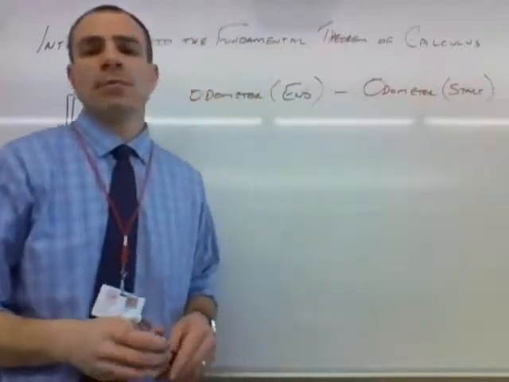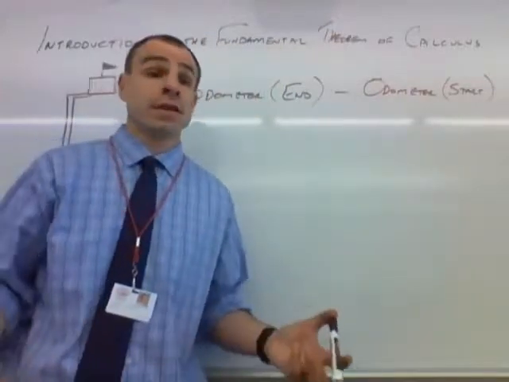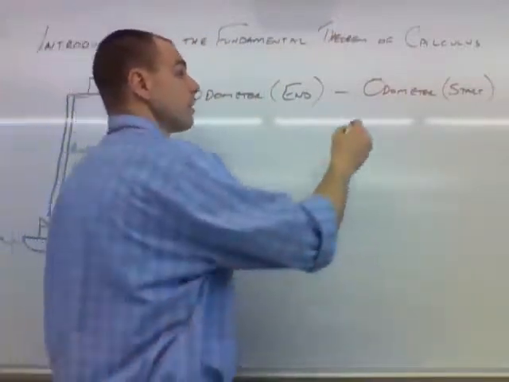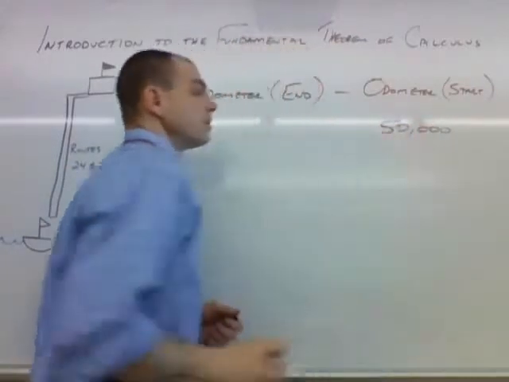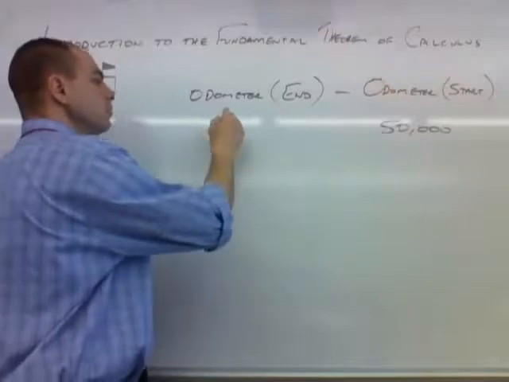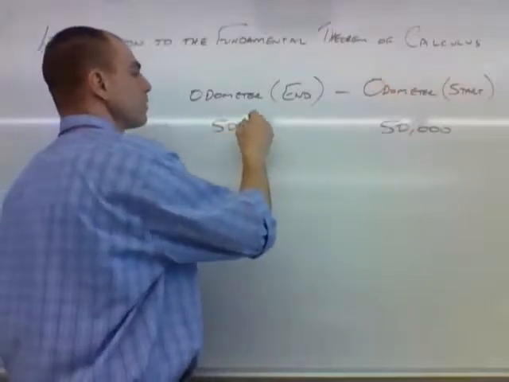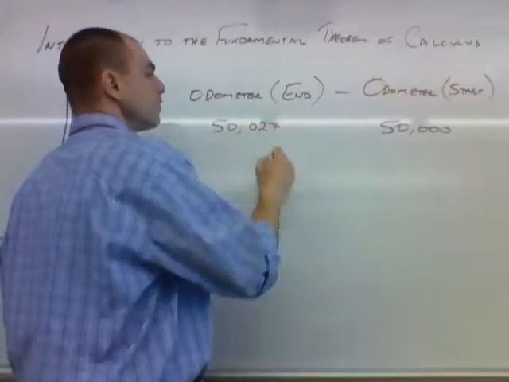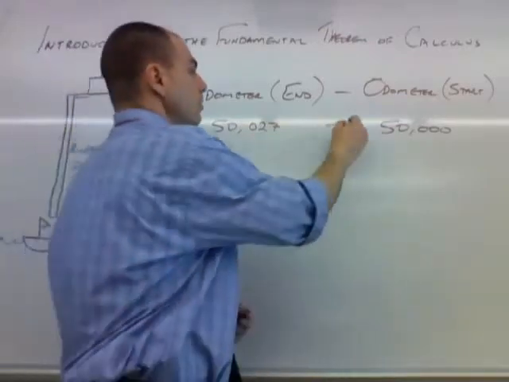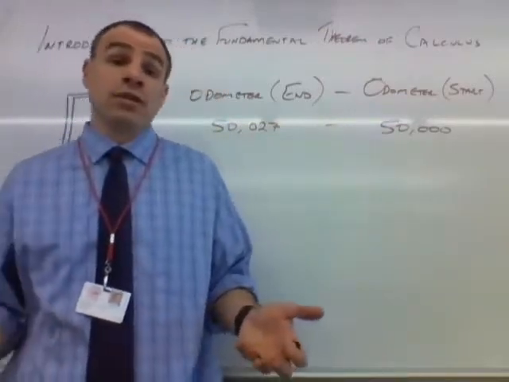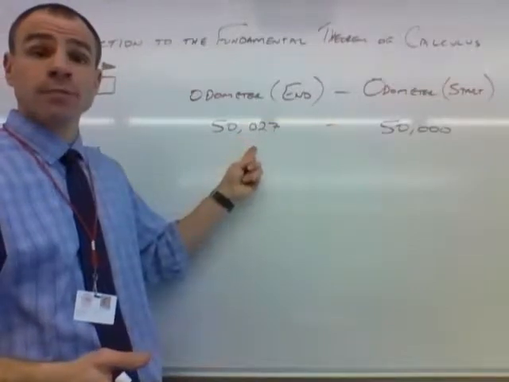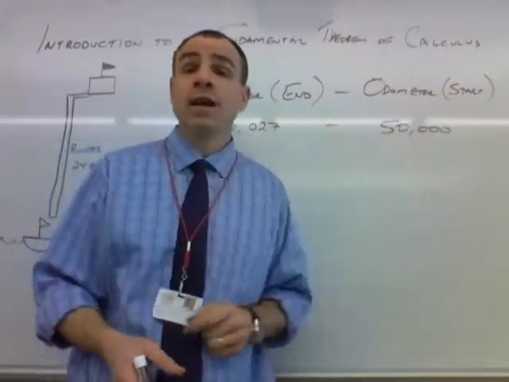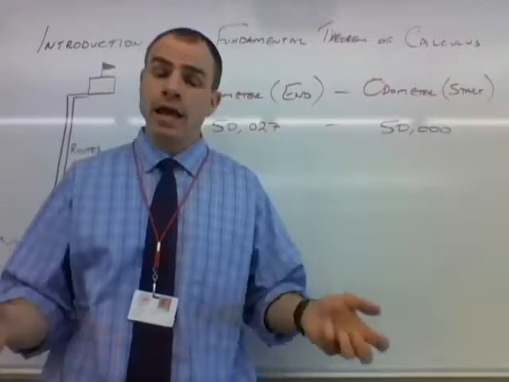For example, let's say your car has 50,000 miles on it when you leave, and when you arrive you see 50,027 miles. Then we know the distance between the two is 27 miles. We just do the value of the odometer at the end minus the value of the odometer at the beginning.